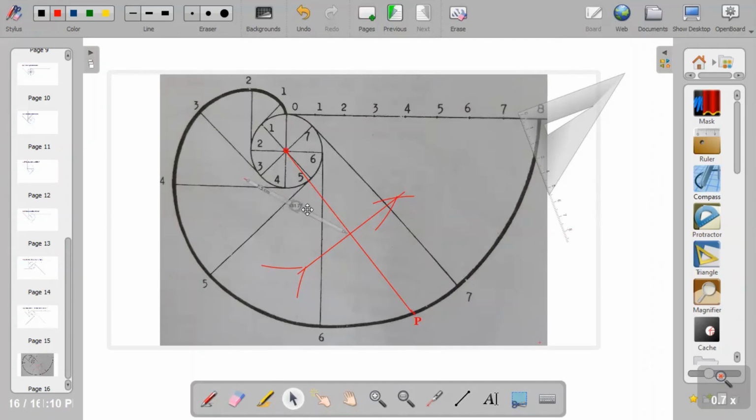Radius from the bisector to O, or radius from the bisector to P. They are the same. I need to adjust my compass. All right, so now I can draw my semicircle.